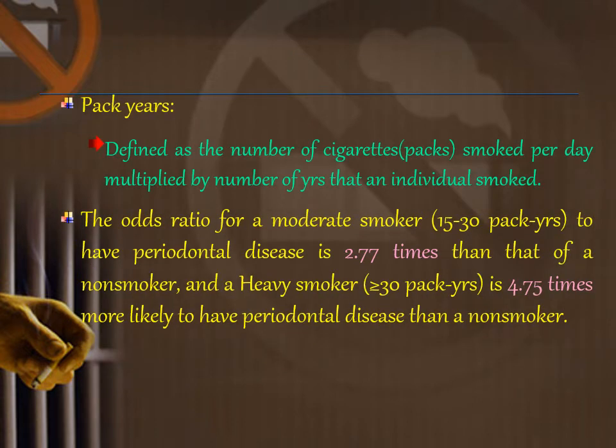Pack year is defined as the number of packs smoked per day multiplied by the number of years that an individual smoked. The odds ratio for a moderate smoker, that is 15 to 30 pack years, to have periodontal disease is 2.77 times that of a non-smoker, and a heavy smoker who smokes more than 30 pack years is 4.75 times more likely to have periodontal disease than a non-smoker.